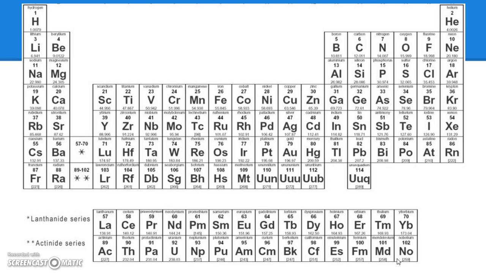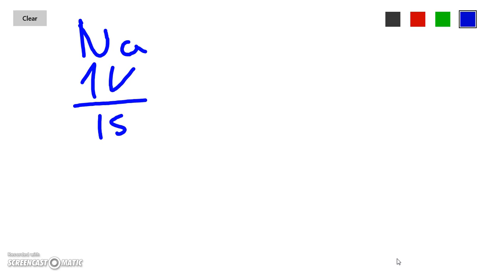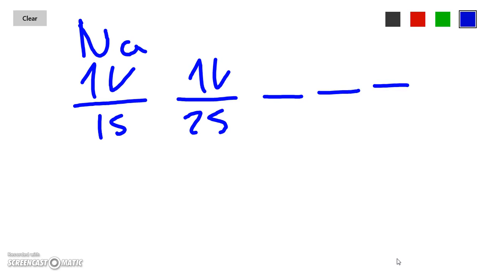Then we have time for one quick example. We're going to do sodium, and you can look at any of the periodic tables around the room. Sodium is 1s filled, and then 2s is filled, and then 2p.